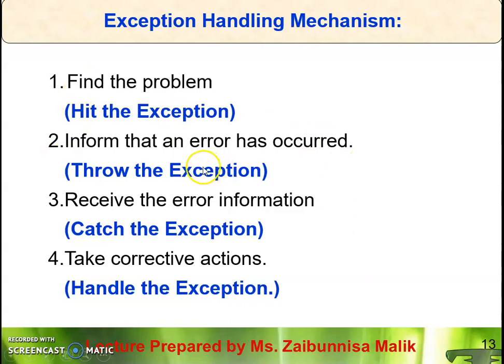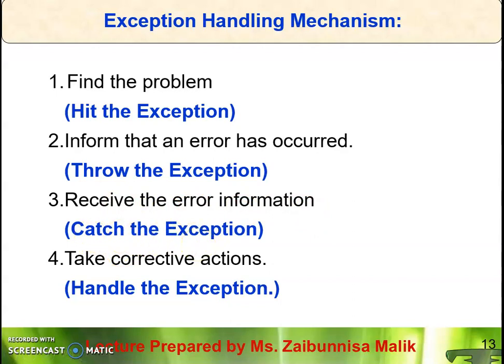Inform that an error has occurred. So, what does it mean? That means when the input section produces an error, that is, hits the exception, then that exception should be thrown. Throw means it should be notified to the compiler. Then the compiler will receive the error information in the section, catch the exception.